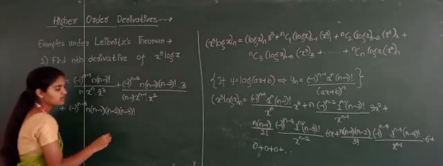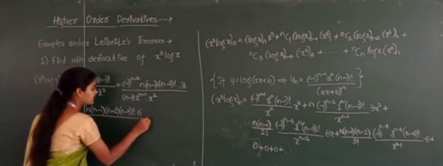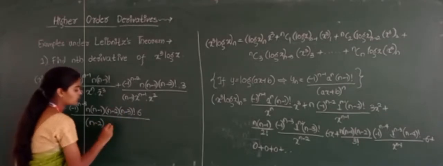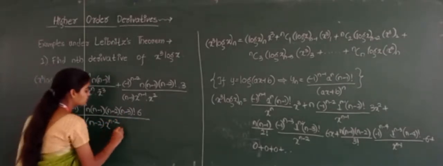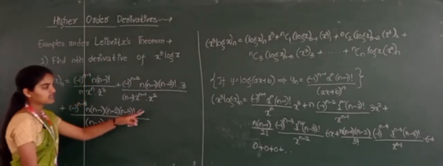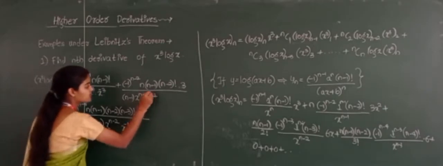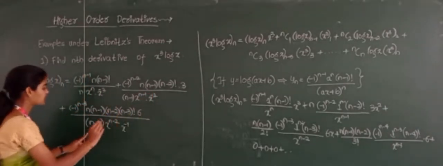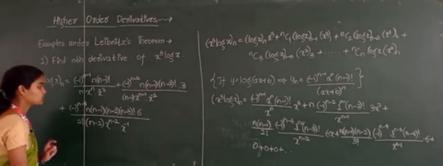So the term becomes, here 6 is there, so whole divided by n minus 2 we have taken. In the denominator it is x raised to n minus 2 and into x raised to minus 1. Yes, here also it is minus 2 we will get, sorry for that. And then whatever is there, 2 factorial, I will write here. Yes, 2 factorial is nothing but 2 itself.